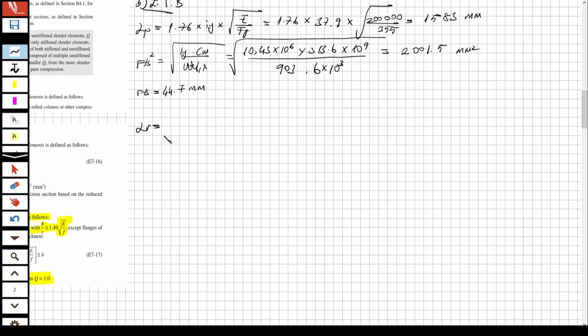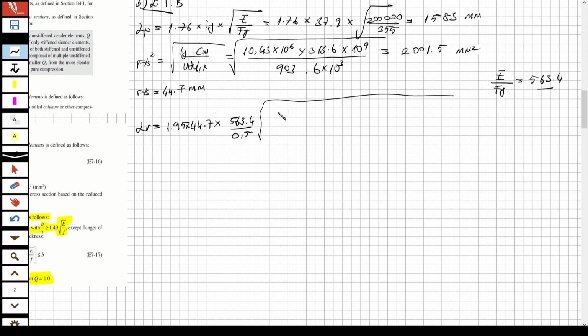This is going to be 1.95 multiplied by 44.7, multiplied by the modulus of elasticity over Fy, which is equal to 563.4, and I'm going to write it directly here, 563.4 over 0.7.